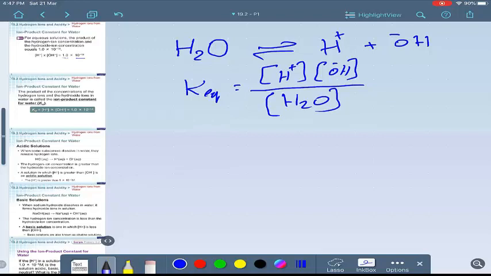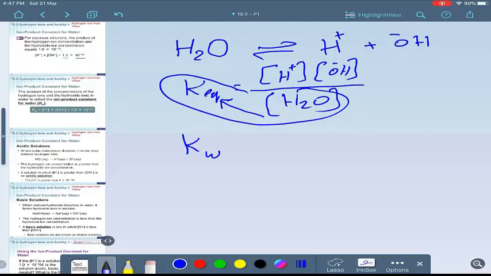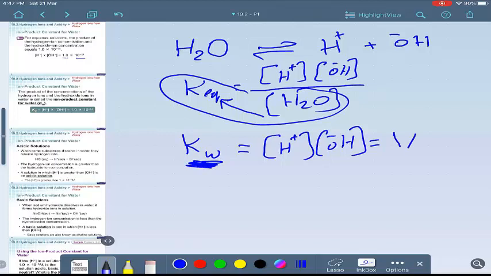Because it's constant, they multiply it with the K equilibrium, which is constant as well, and they called it KW, meaning the new constant for water. So KW equals H positive times OH negative. They calculated this constant and found that it's 1 times 10 power of negative 40.